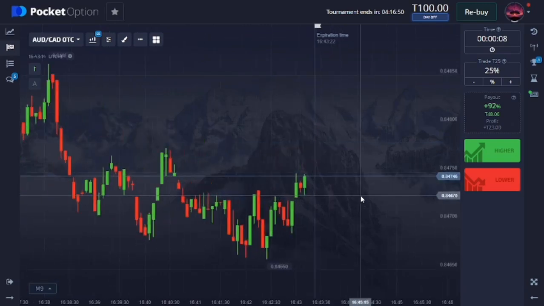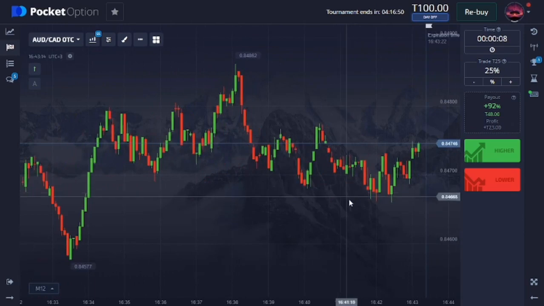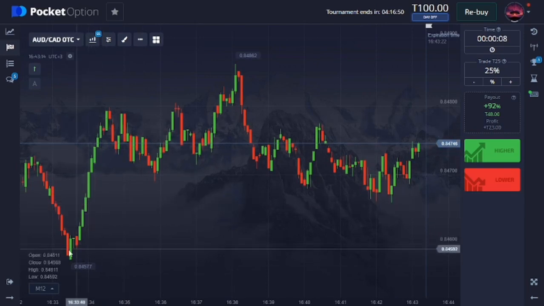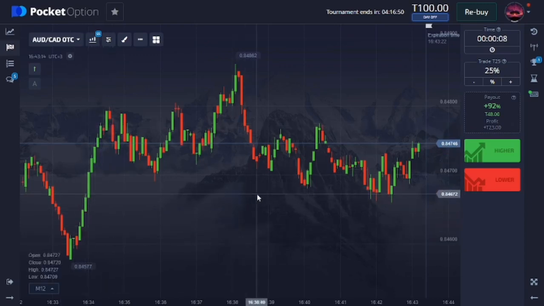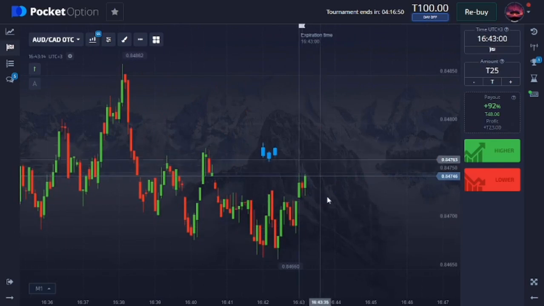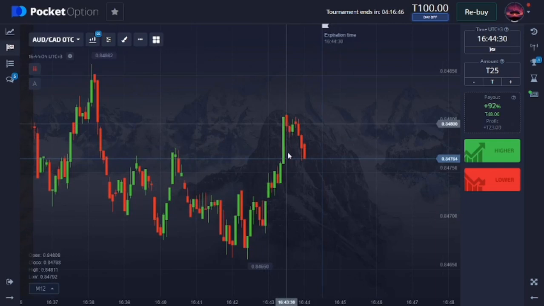But what we have to see is that the price started to go up after hitting this gap, after trading back to the discount area, below the halfway of this movement. Below the halfway of this movement, the price started to go up, right? So you can see it went up.